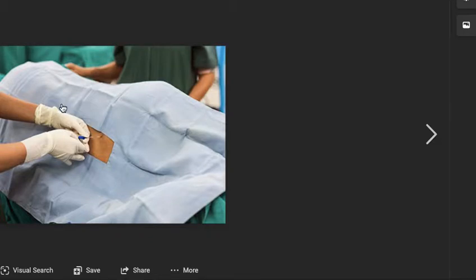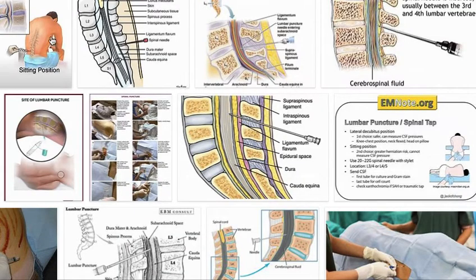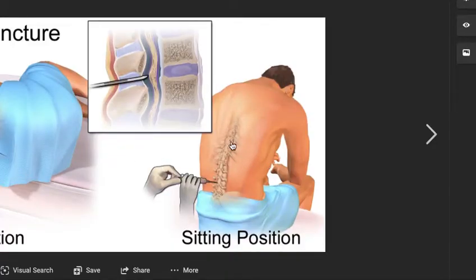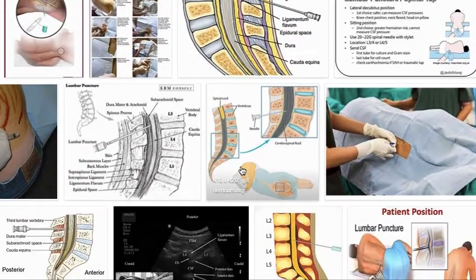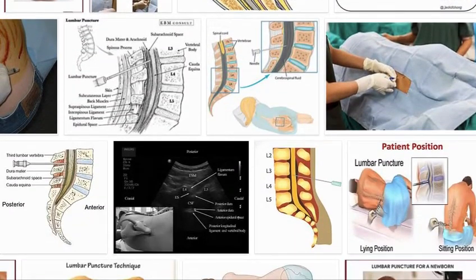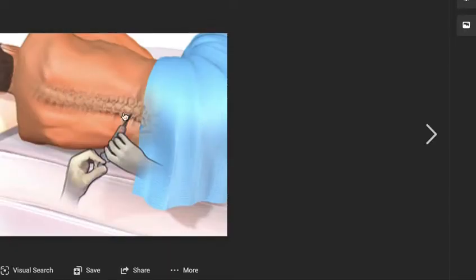If the patient is sitting, not lying, the pressure will be increased because there will be more pressure coming down here. That's why we always check the pressure in the lateral decubitus position, when the patient is lying on their side.